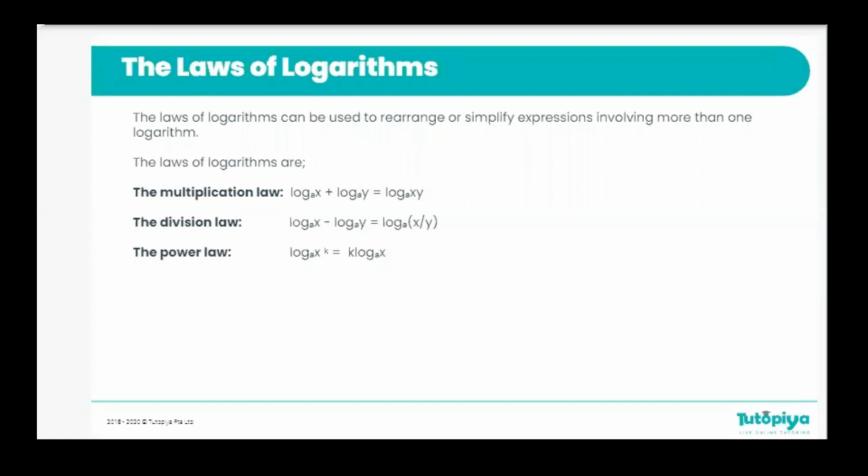The laws of logarithm, we can also use them to rearrange or simplify expressions involving more than just one logarithm. And we have 3 separate laws that we're going to be looking at. The first is our multiplication law, which states that if we add up 2 different logarithms that have the same base, then this is also the same as taking the product of both those values to the same base.